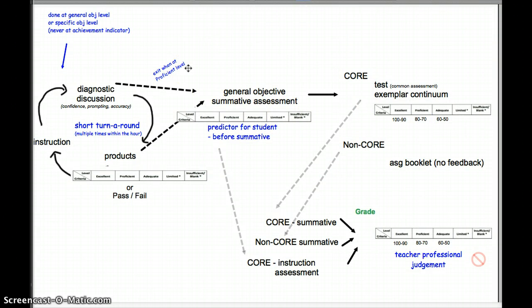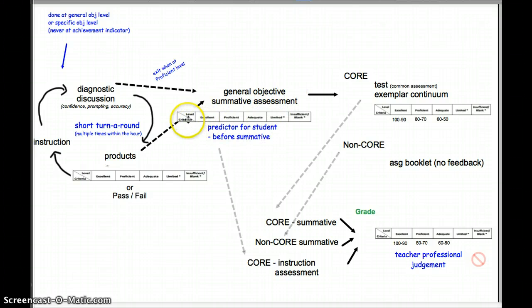Again, to summarize in terms of the grading, what it would look like is our teachers are providing lots of instruction and short turnaround formative assessment on core areas. When students are proficient in those core areas, as we diagnose those general or specific objectives, then we're ready for our summative assessment.